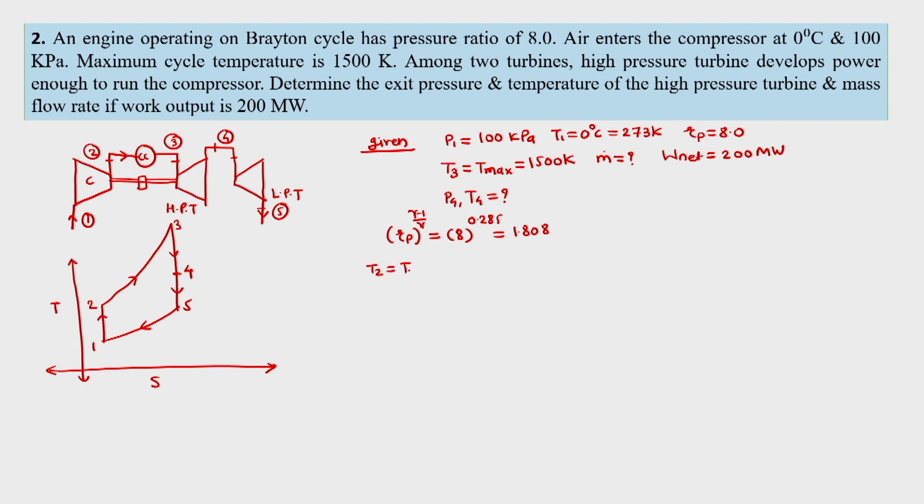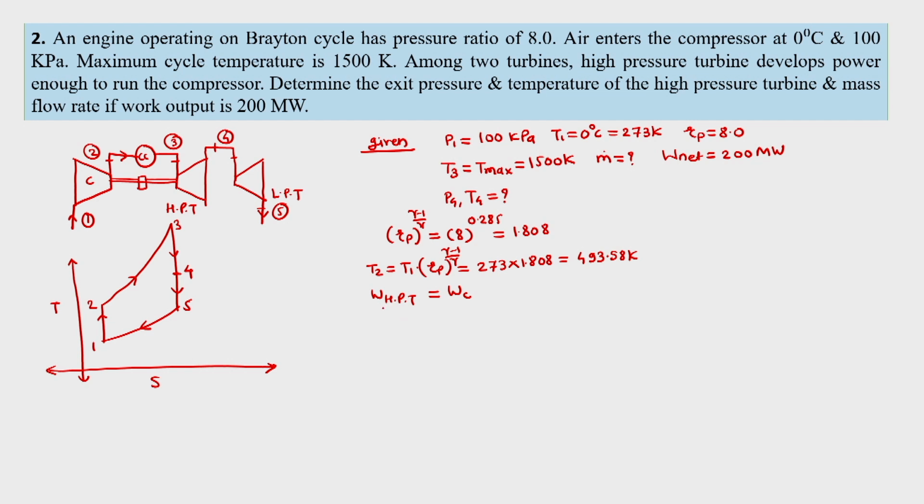T2 is equal to T1 into Rp raised to (gamma minus 1) upon gamma. We know T1, it is 273 into 1.808. So it gives us T2 as 493.58 Kelvin.